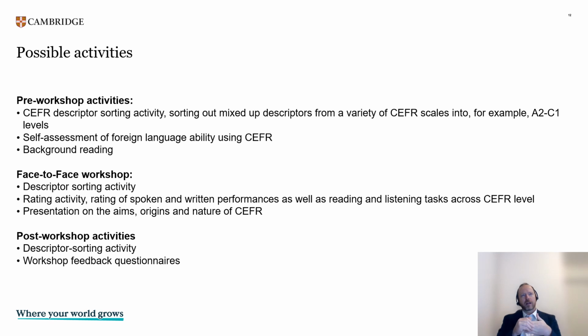Then also a good way is to look at a self-assessment of how good you really are at foreign languages. When I say you, I mean the people on the panel. Ask them to do some self-assessment: look at the descriptors, identify their weaknesses and strengths, because they will know this, and then report back on what level they are. And of course, background reading, plenty of that.